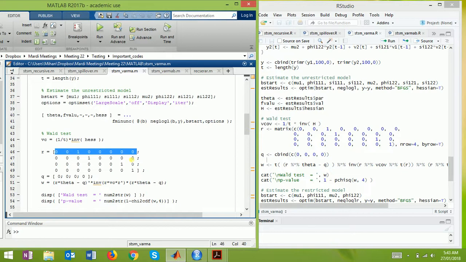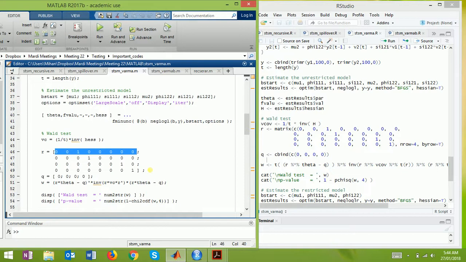And then n squared, which is multiplied by the number of autoregressive parameters.